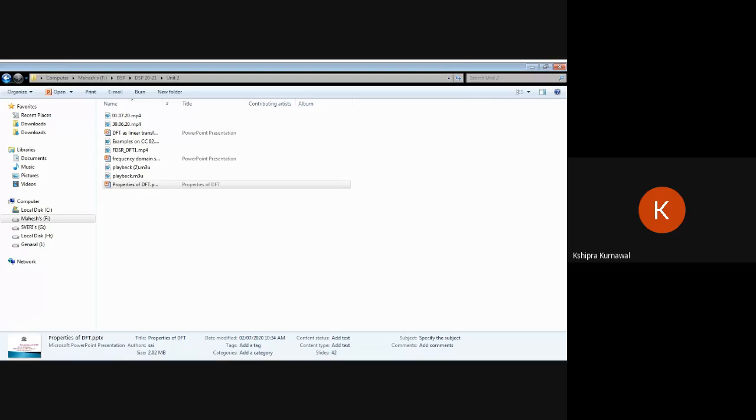Let x of n be the sequence. x of n is equal to 2 delta of n plus delta of n minus 1 plus delta of n minus 3. Find the sequence y of n equal to x of n circular convoluted with x of n. That is 5-point circular convolution with itself.